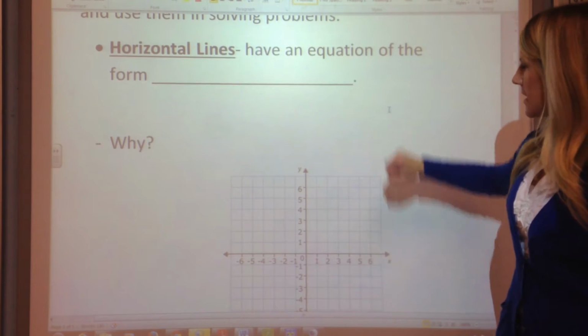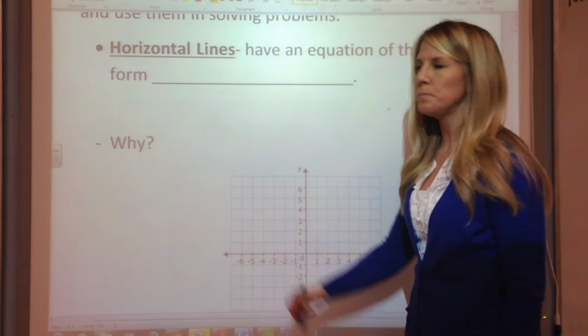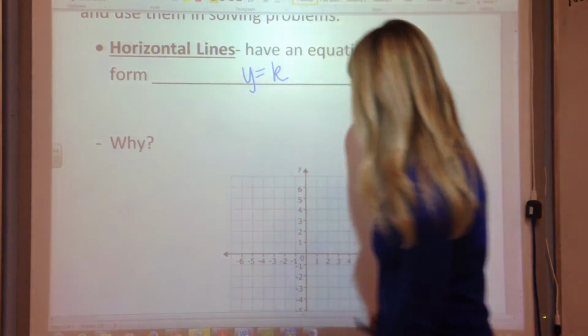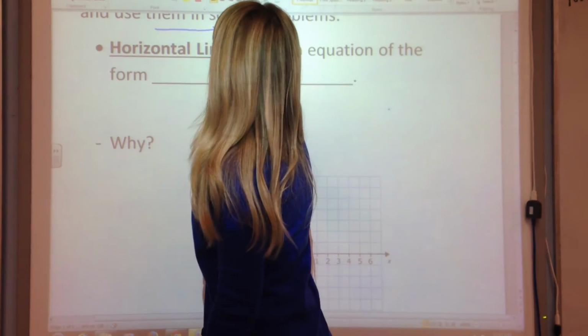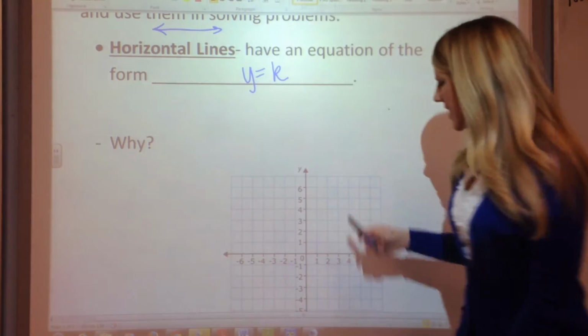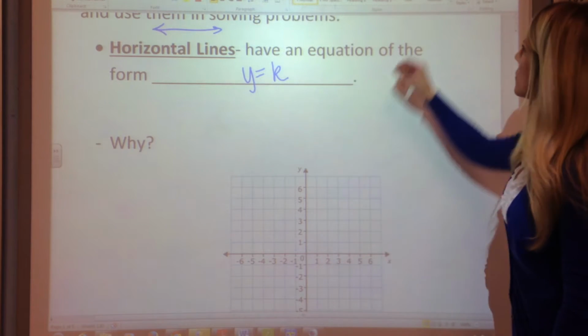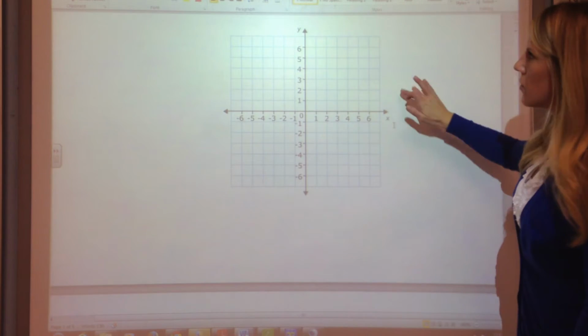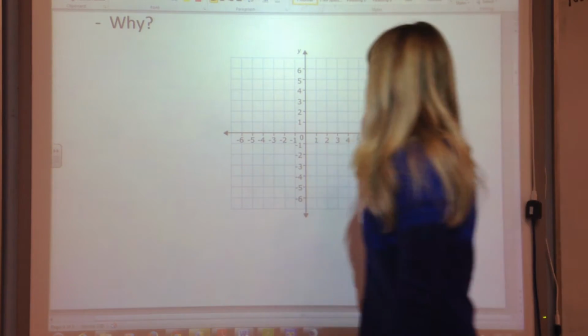So horizontal lines have an equation in the form y equals k. So horizontal, remember, that means left to right. So why is that? Why do horizontal lines always have the form y equals k? Well, let's take a little look-see. If I think of a horizontal line, let's just draw one in here.